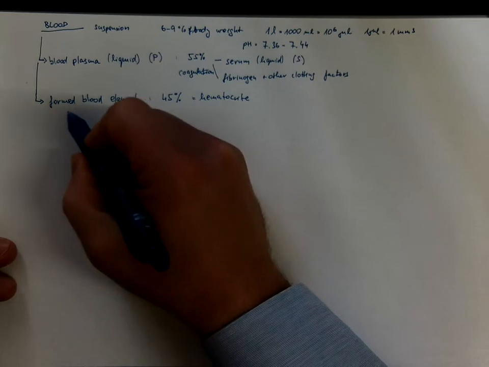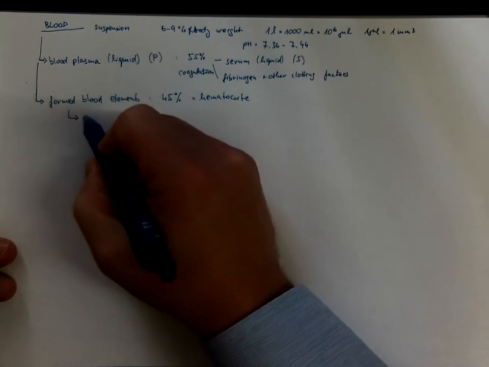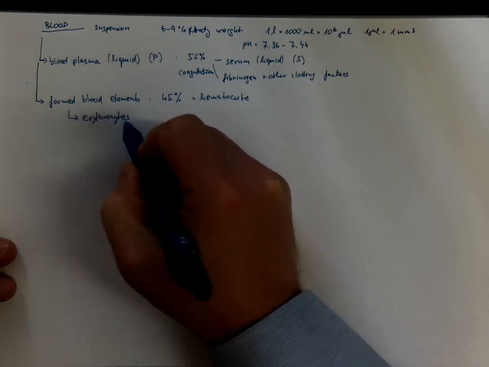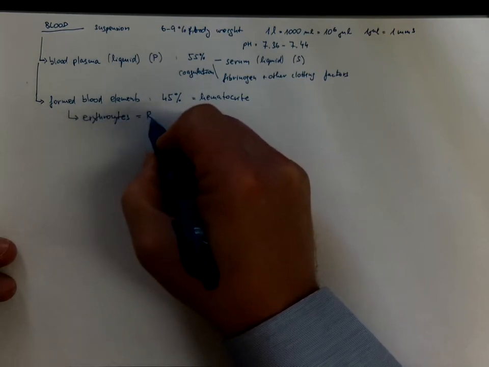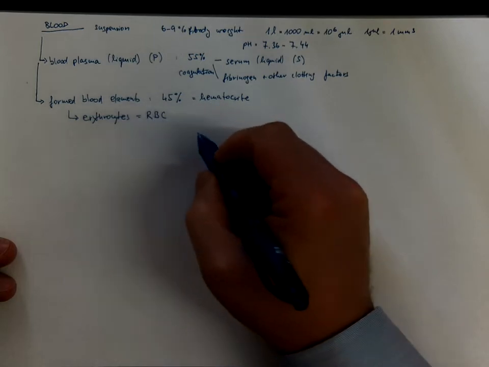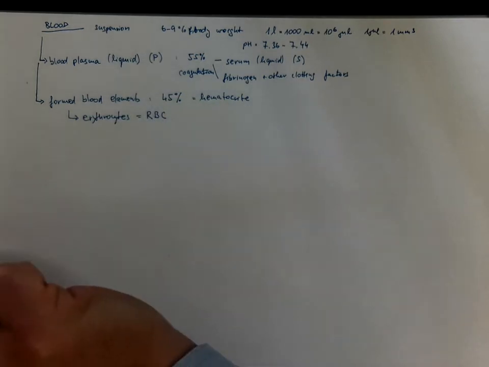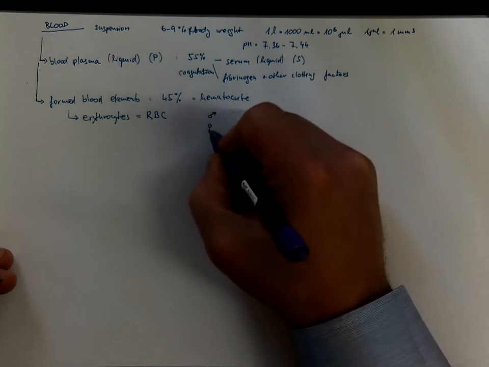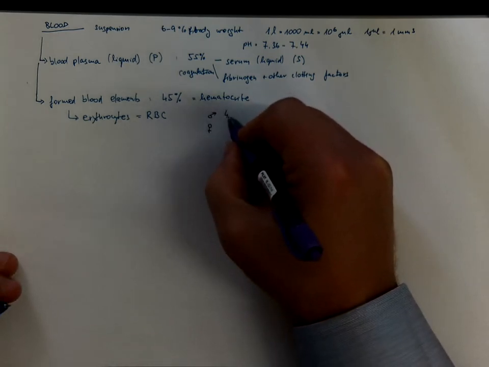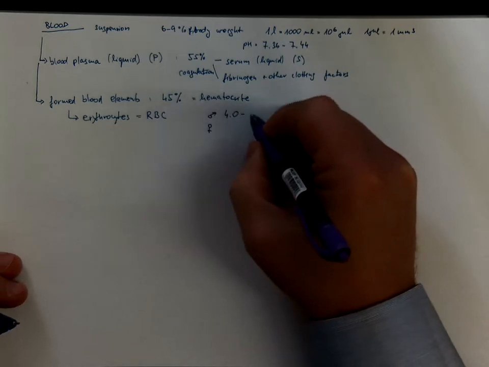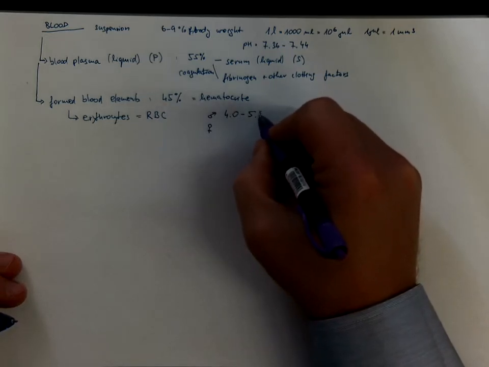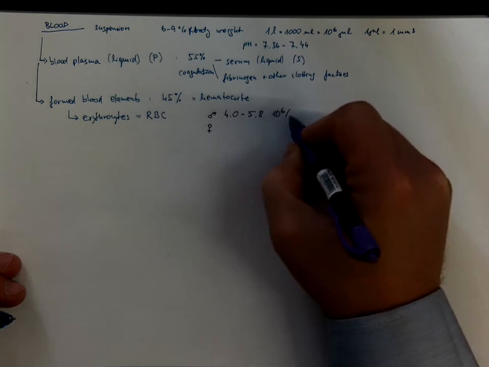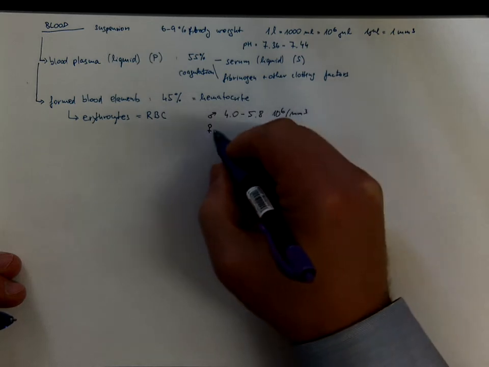So which are these blood elements? Let's discuss first the erythrocytes, also called red blood cells, abbreviated as RBC. The normal values slightly differ in male and female. In male it's 4.0 to 5.8 millions, so 10 to the power 6, per cubic millimeter.